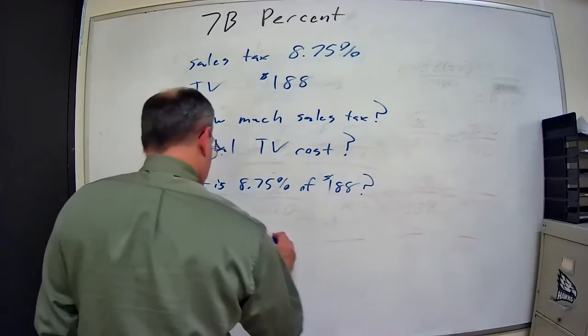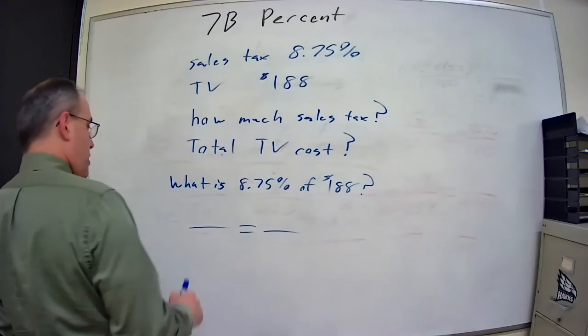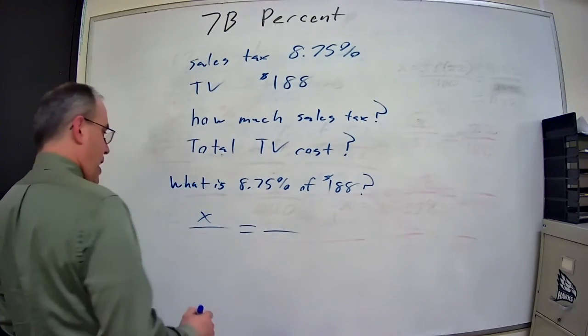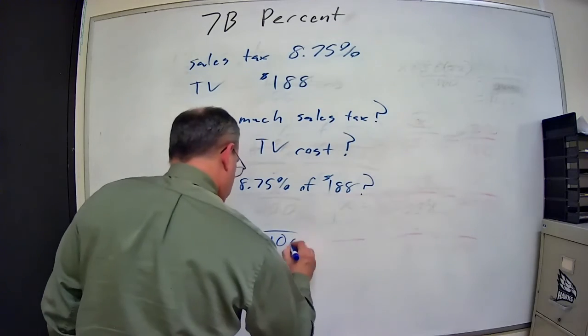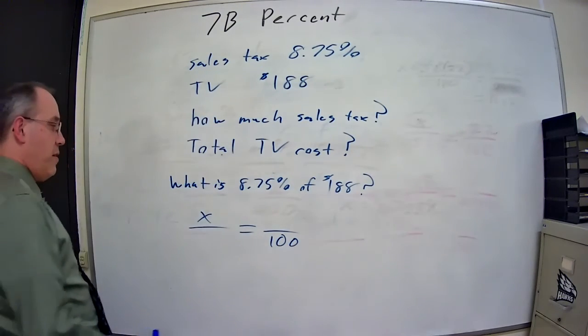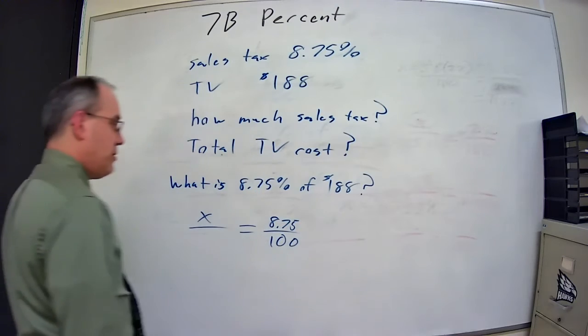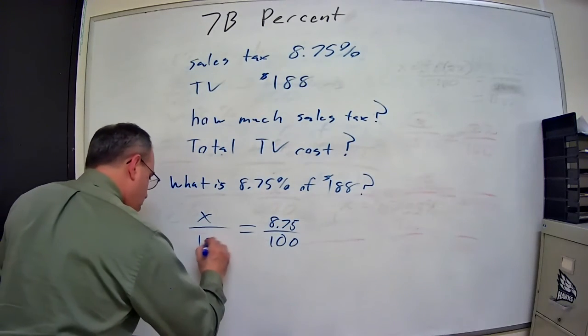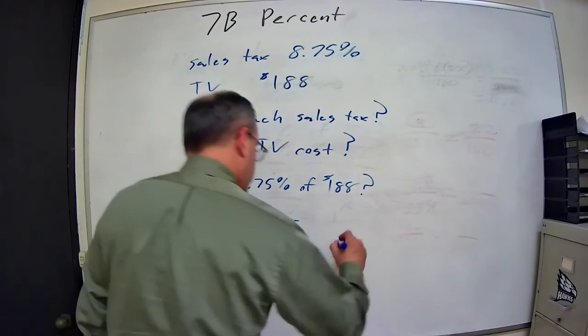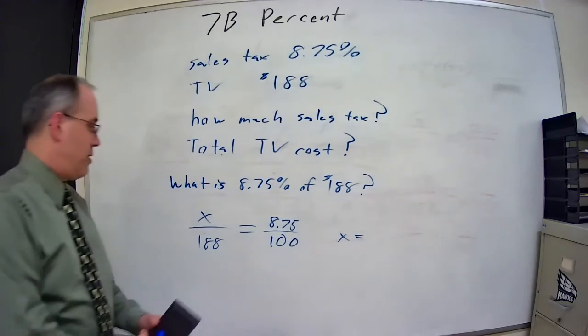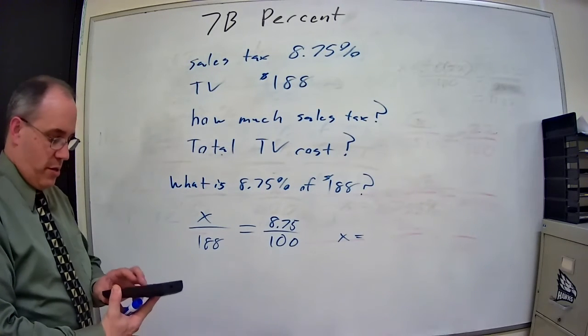So we set up our proportions here is X. Let's put our 100 in because we know that's going to be there. 8.75% of 188. Multiply the diagonal.